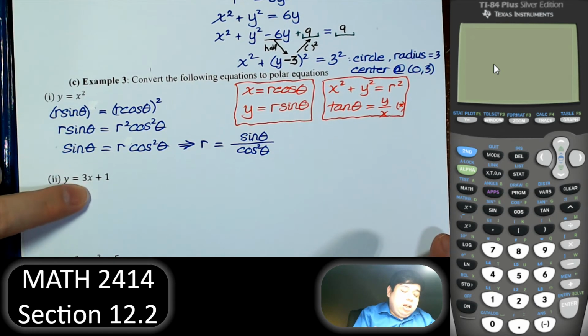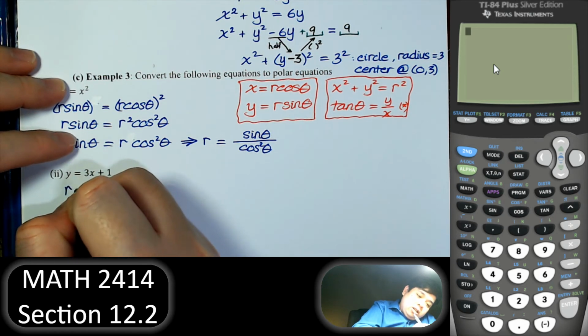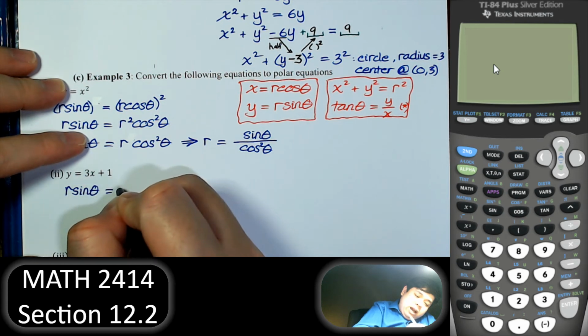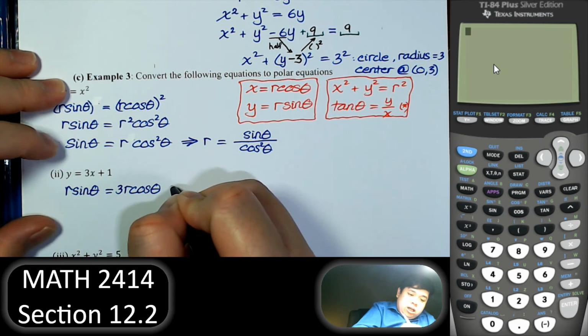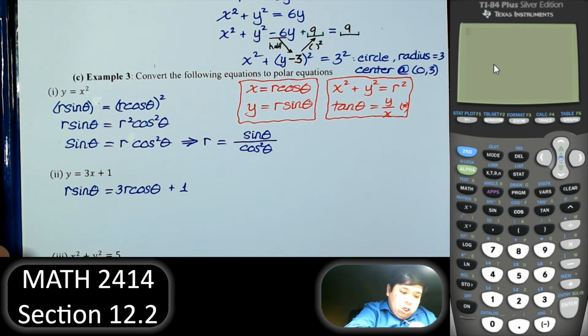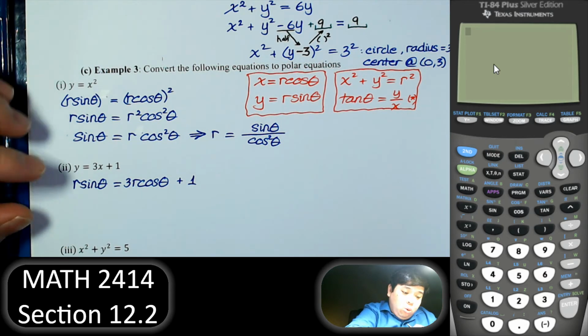Anyway, I said those formulas should be good enough. Same thing, y equal to 3x plus 1. y is r sine theta, x is r cosine theta, plus 1. So of course we can stop there, but if we want to, we can always solve for r.